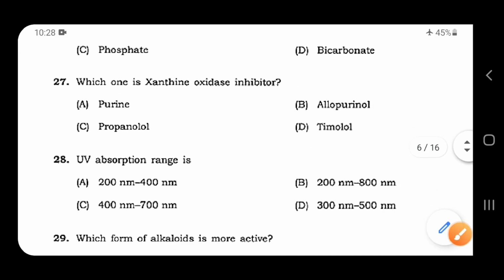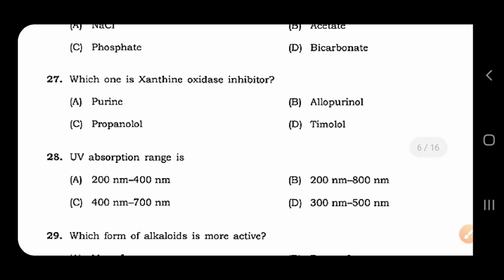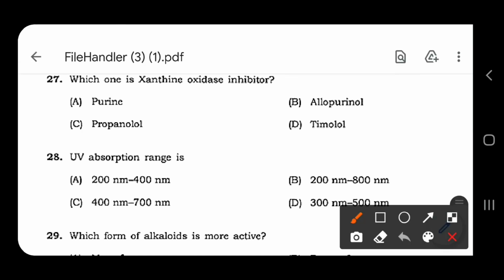Next question is 27. Which one is a xanthine oxidase inhibitor? The options are purine, allopurinol, propranolol, timolol. The correct answer is allopurinol.